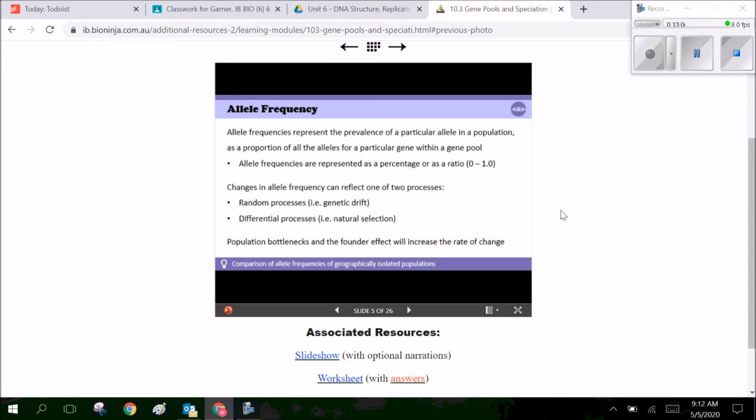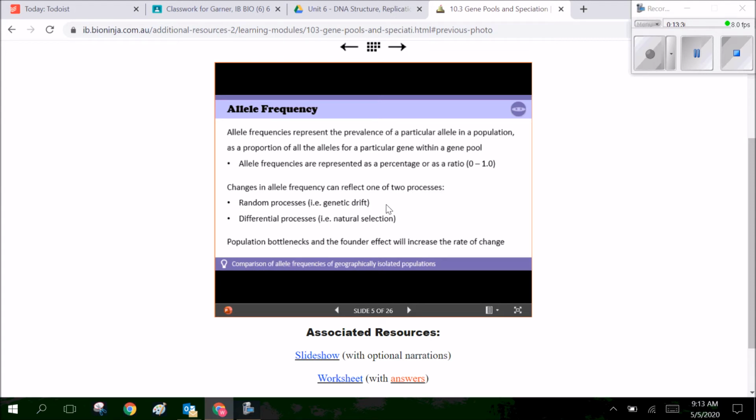Okay, so when we talk about changes in allele frequencies, we talk about them in terms of a percentage or as a ratio. Typically, in statistics, we don't always go from 0 to 100%. We can also talk about it from 0 to 1, 0 meaning that it's not present at all, and 1 that it's completely present or fixed in the population. So that's something to keep in mind in terms of notation and nomenclature. And changes in allele frequency are going to reflect different things.